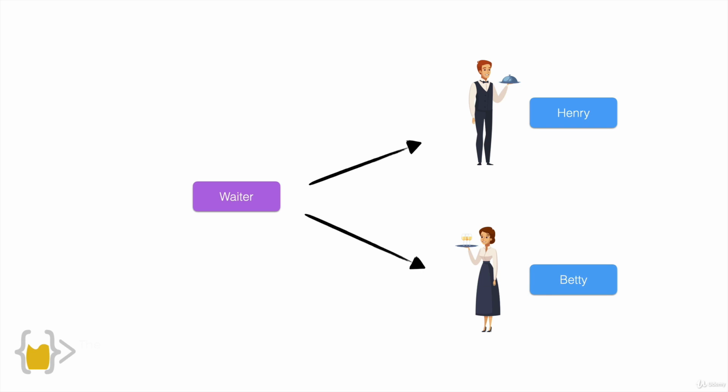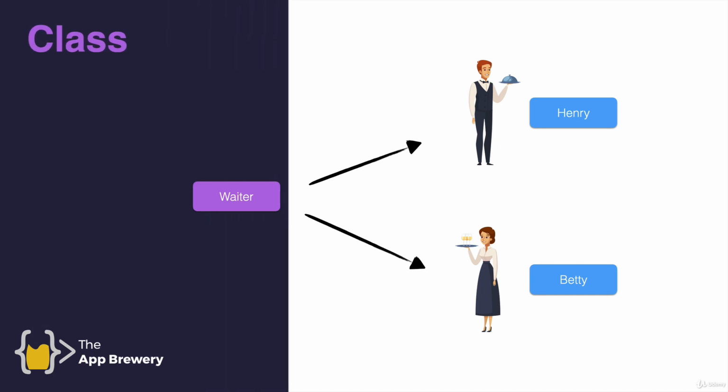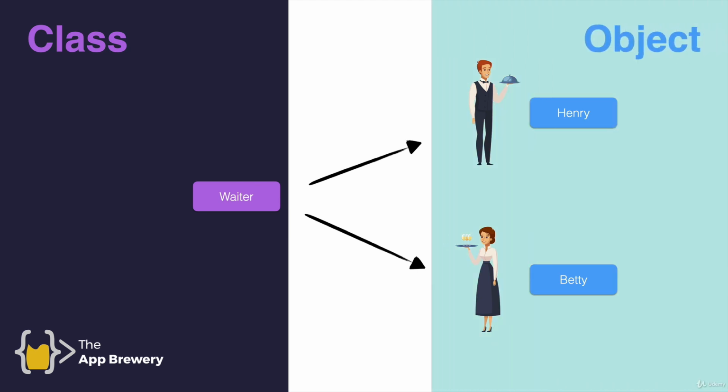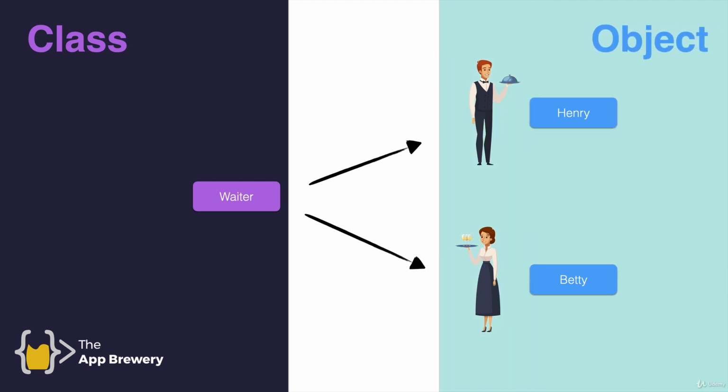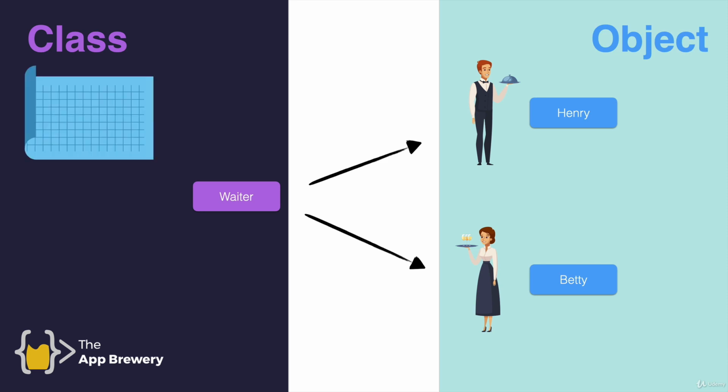And we can generate as many of these as we want from the same blueprint. And in OOP, we call this blueprint or this type a class. And we call these individual objects that are generated from the blueprint an object. So now let's take a look how we use these class blueprints to create an actual object.